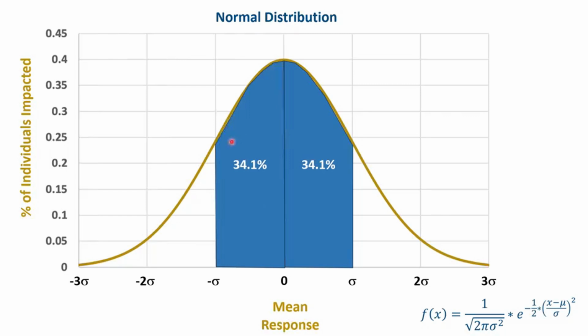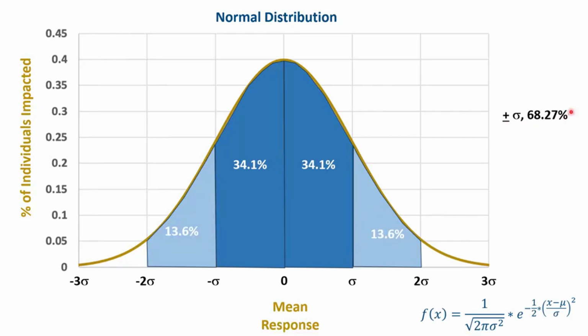And we see the mirror image of this on the other side of the curve. So another 34.1% of the population is expected to have a response between the mean and negative 1 standard deviation away from the mean. We're looking further out, we can look at 2 standard deviations.